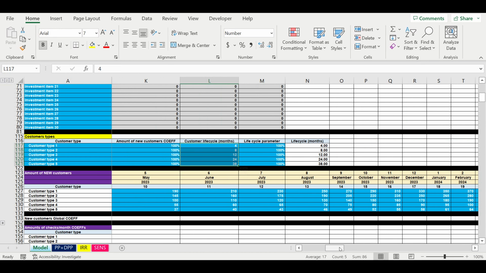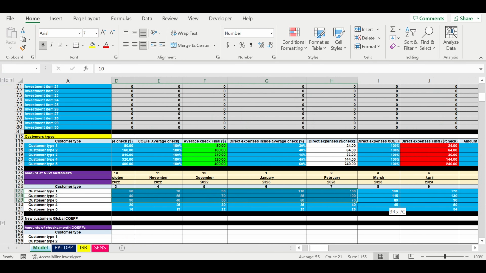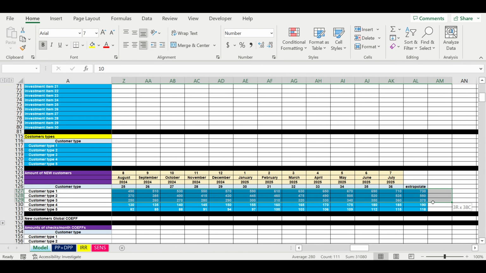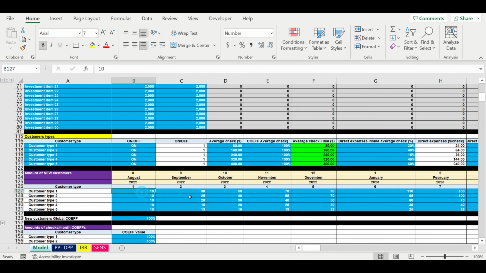Then we move on and specify how many new customers join our project during the first 6 months of our operating activity, and then we extrapolate these numbers. So we specify the amount of customers, and we can switch on and off different customers.